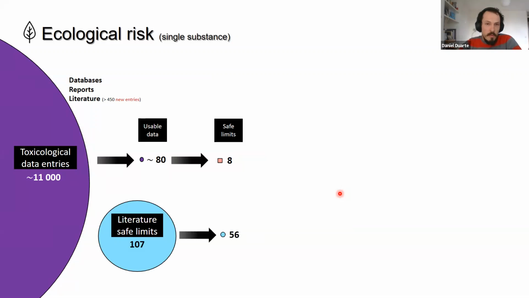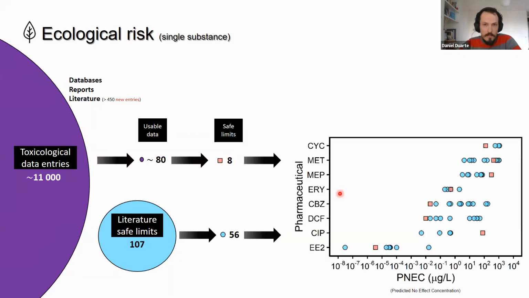Also, as a means of comparison, we took safe limits, in this case PNECs, from the literature, so that we can compare ours with the ones that other people have calculated. We've merged them in this figure. As you can see, the red squares are the ones that we derived.